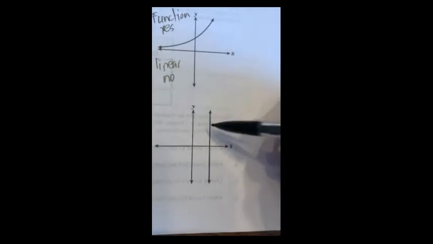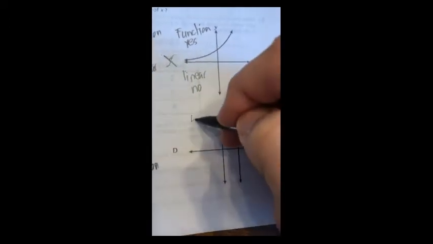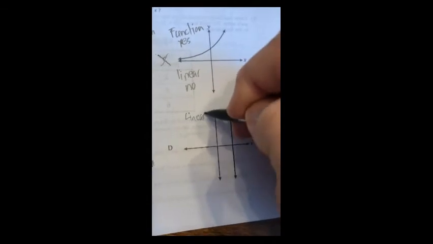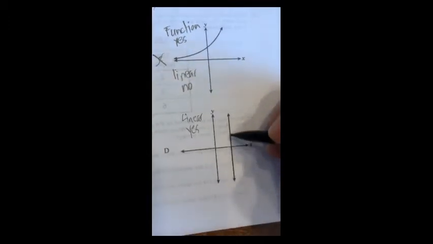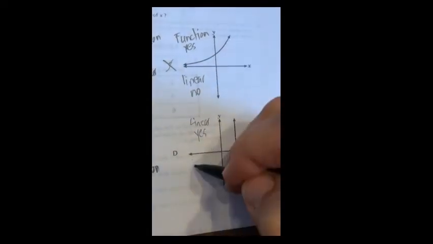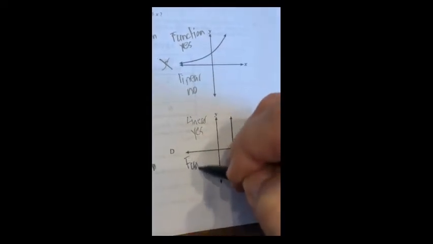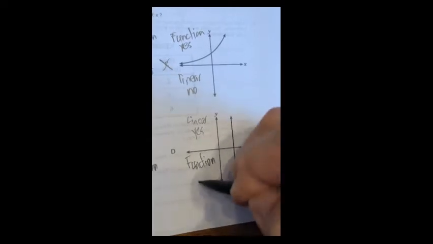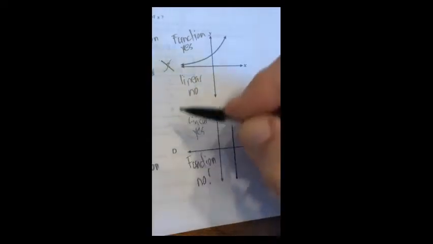Even though it's linear, it's a straight line, that means it's linear. But if I try the vertical line test, it just follows that line. Every single point on this one is along the line. So function, no. Okay, there we go.